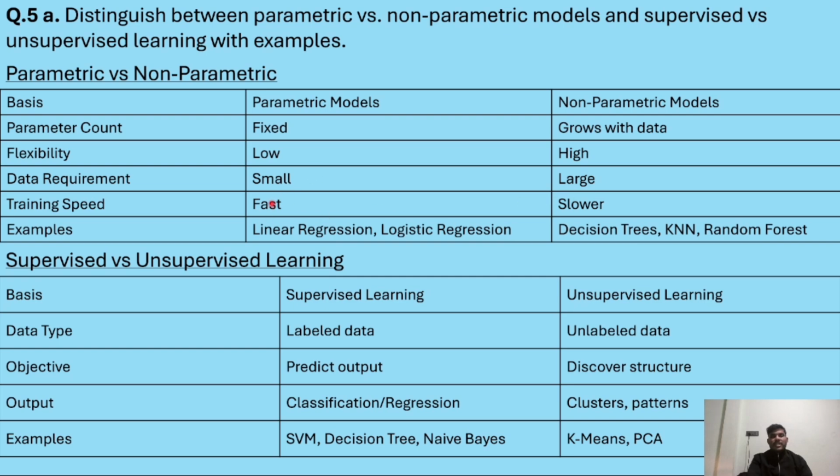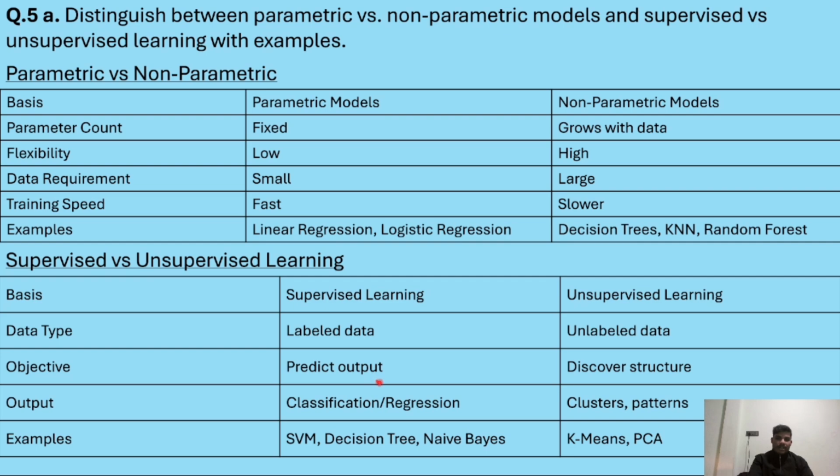Parametric models' training speed is very fast and non-parametric models' speed is very slow. Examples of parametric models are linear regression, logistic regression, etc. Non-parametric model examples are decision trees, KNN, random forest, etc. Supervised versus unsupervised learning: supervised learning uses labeled data and unsupervised learning uses unlabeled data.